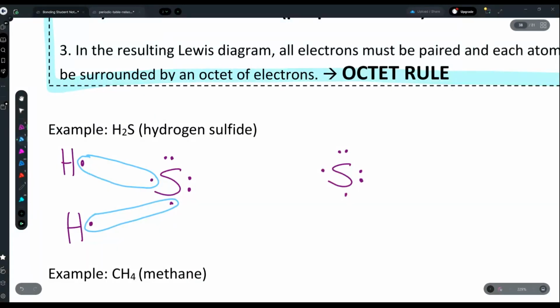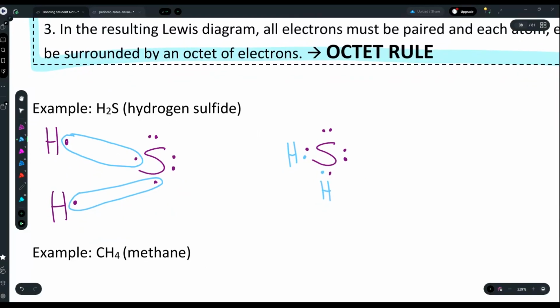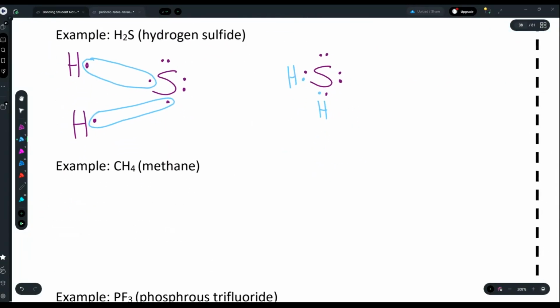And I'm going to draw the hydrogens in a different color just so it's easy to see which electrons are coming from where. Okay, and I'm going to snuggle that hydrogen a little bit closer. So either representation for me would work.